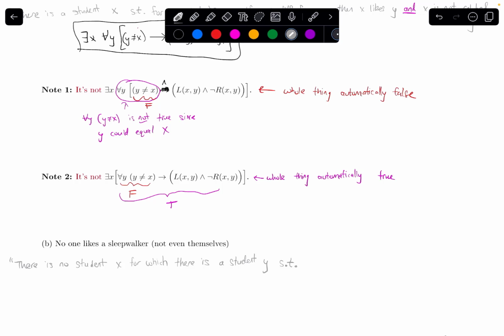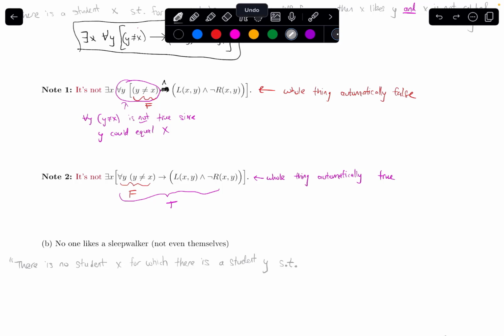And now I need to assert a couple of things. I need to assert that the student y, I'm introducing them to be our sleepwalker. So I need to assert that y is a sleepwalker. And so there's a key word there, and that student x is not going to like y.